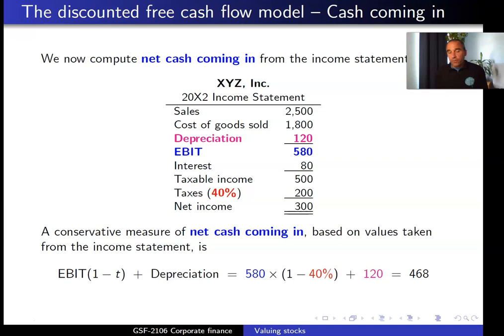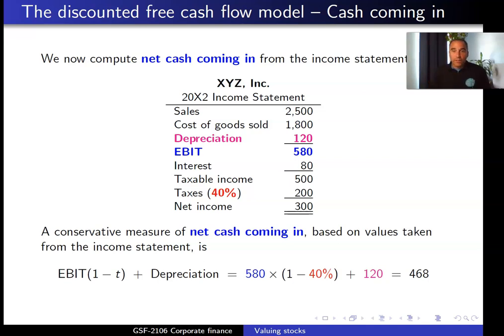Earnings before interest and taxes times 1 minus the tax rate. So as if we were applying the tax rate directly on earnings before interest. Here we abstract from the fact that the interest expense is tax deductible. We will take care of that in the way we introduce the cost of interest in the weighted average cost of capital, as we will see later.